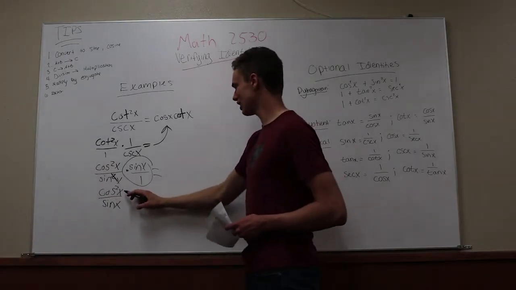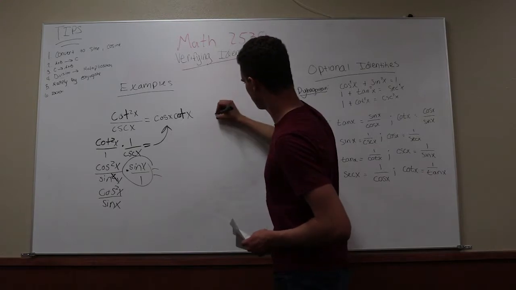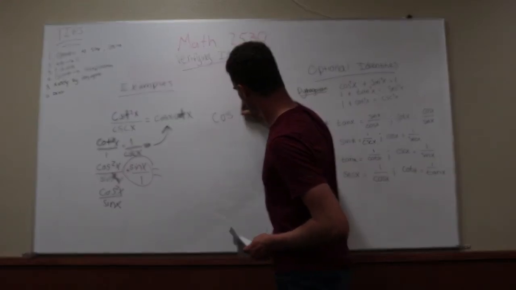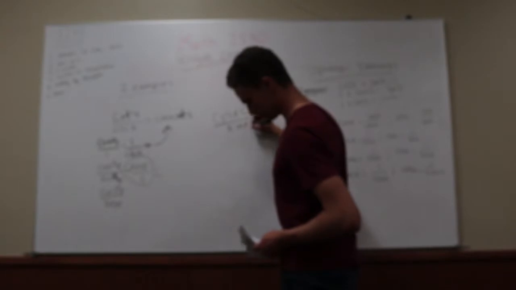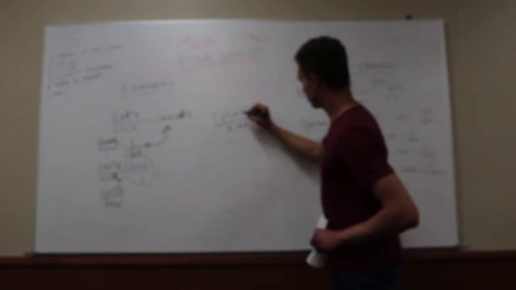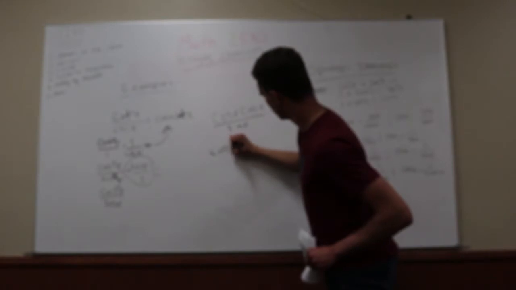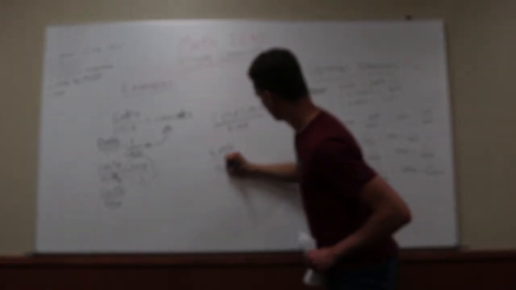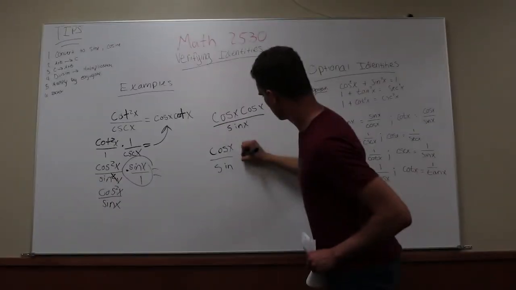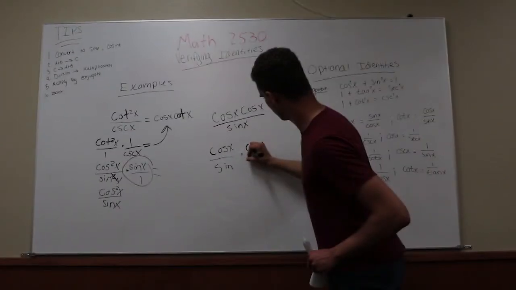Then you'll split this cosine into two separate terms. You'll get cosine of x times cosine of x all over sine of x. Then you're going to split this term into cosine of x over sine times cosine of x.